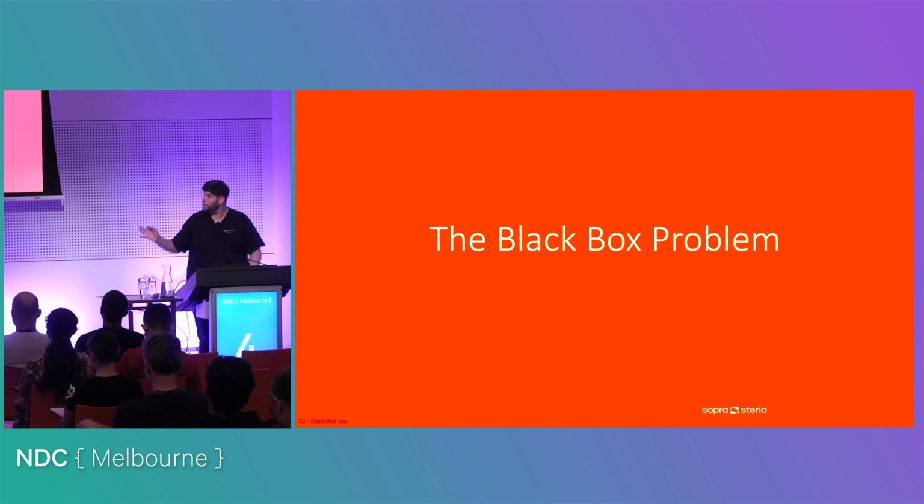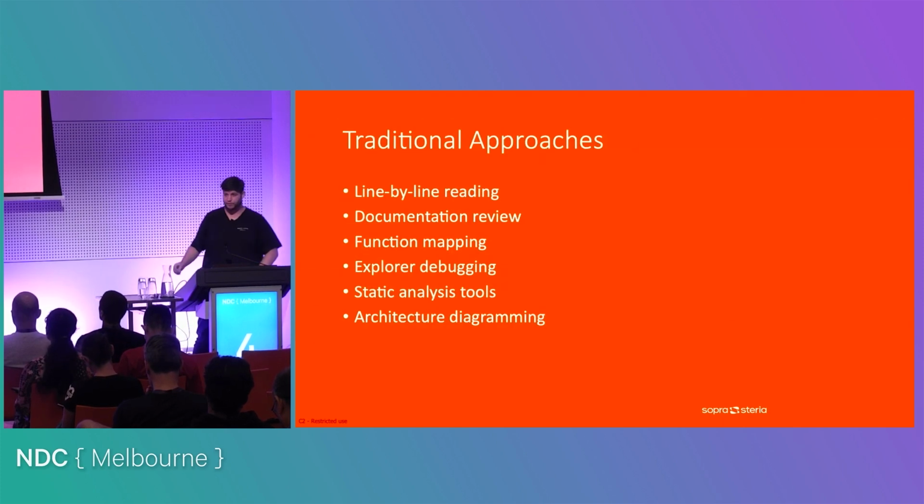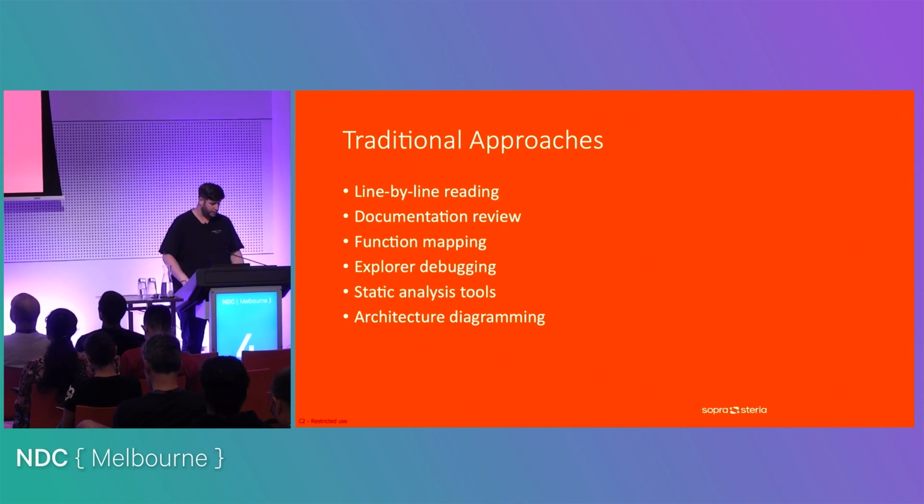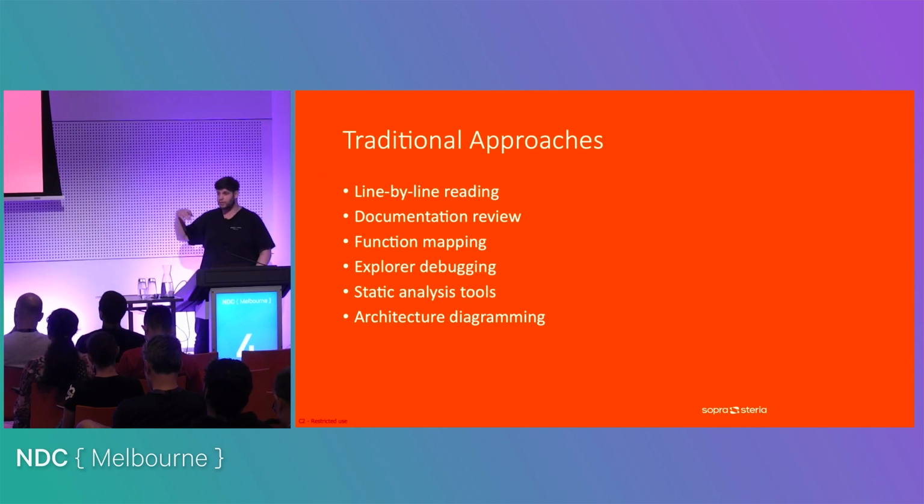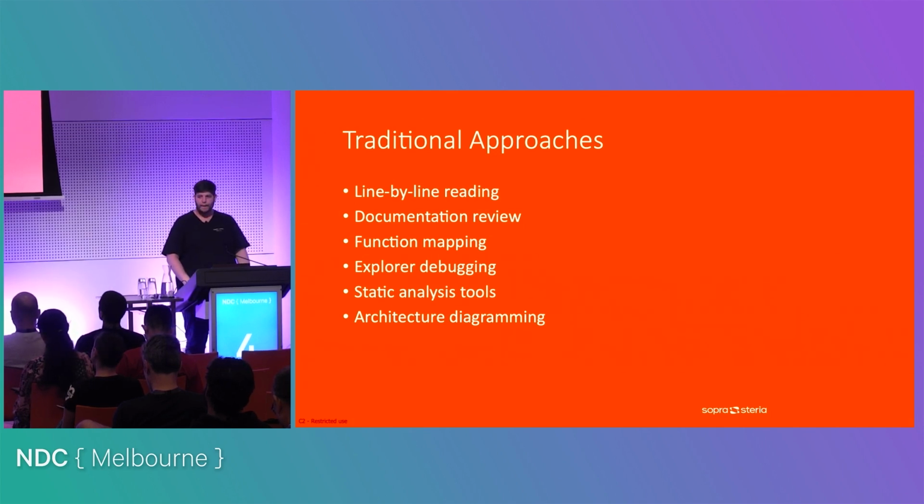To deal with that, we need to figure out what this code base is all about. There are different approaches that people commonly use. For example, line-by-line reading, just going over the code; documentation review, seeing if there's some documentation, luckily, though that's not always the case; maybe mapping out some functions, adding some debugging steps to see how the code behaves at certain levels.